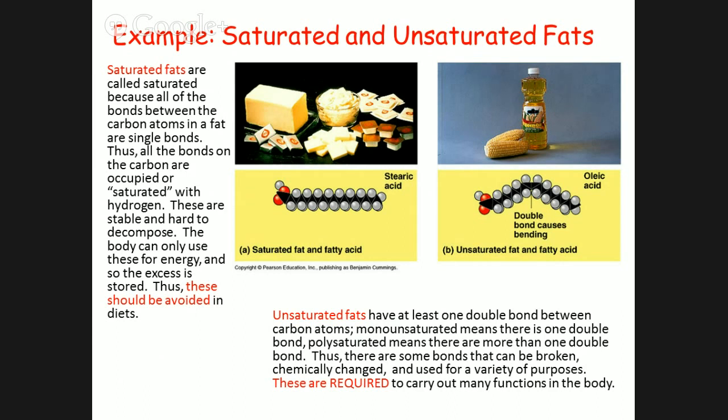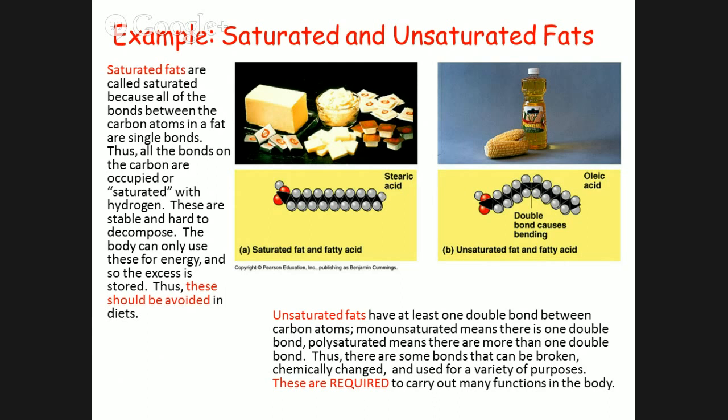A little bit more familiar example of saturated and unsaturated goes with fats. Maybe you've heard of saturated and unsaturated fats. Basically, saturated fats are molecules that have nothing but single bonds between all the carbons. And they are called saturated because they are bonded to as many hydrogens as are possible.